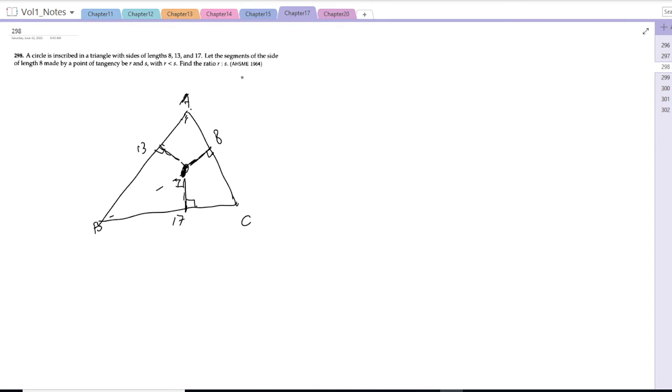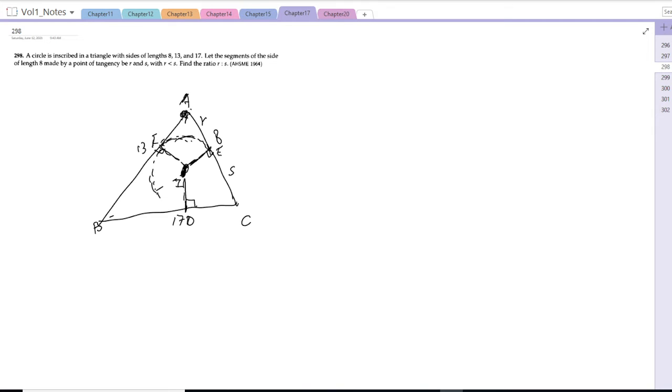Now we let the segment on the circle made by the tangency be R, and the other called S. This is called DEF. So we know AE, if you're not familiar, let me give you the circle here.